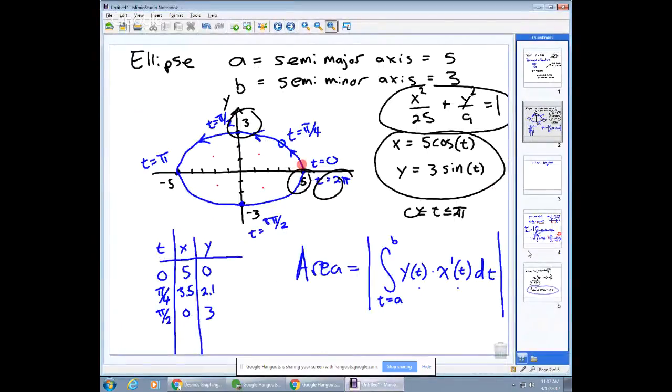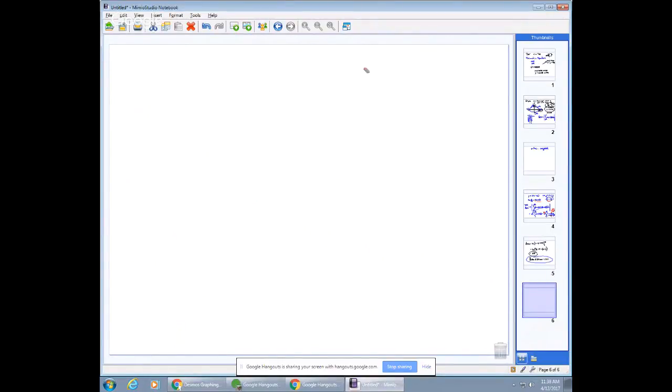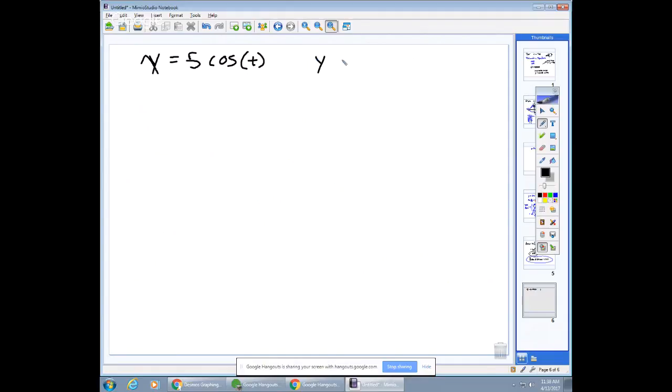So let's go to the end of the notes here. Come on, there you go. We know again that x is 5 cosine of t, and y is 3 sine of t.